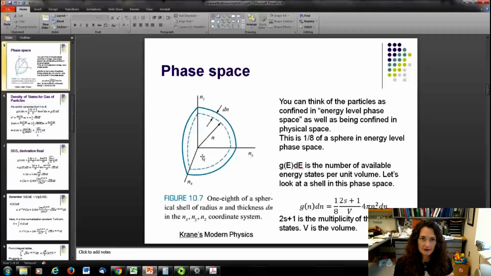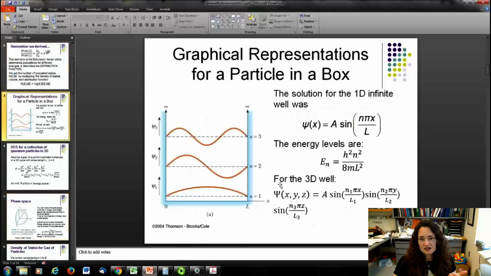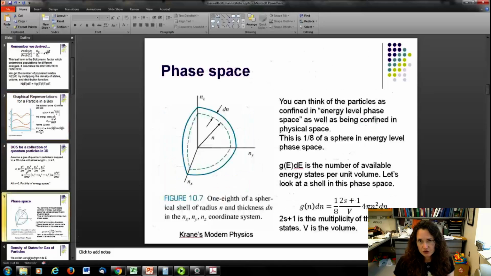And I'm plotting that. Now remember that for your particle in an infinite square well, the energy of the particle is very much dictated by the size of the box that you place it in, okay? So if you restrict it, you're restricting the values of the energies that are available. So what we're going to do is look at the values of n that are available in this phase space.